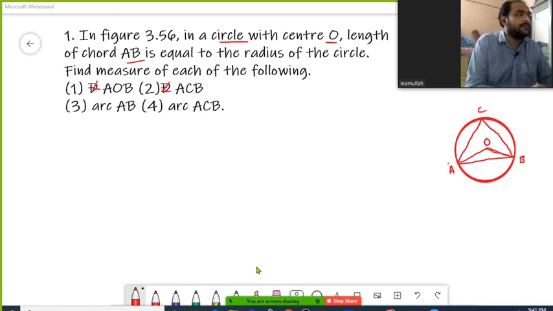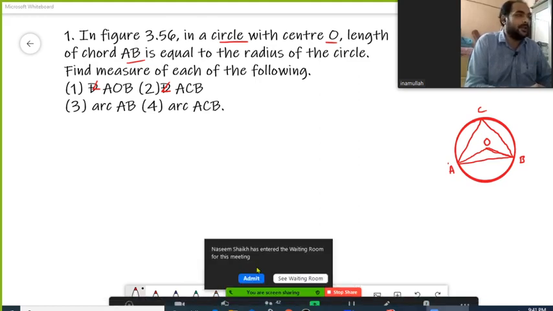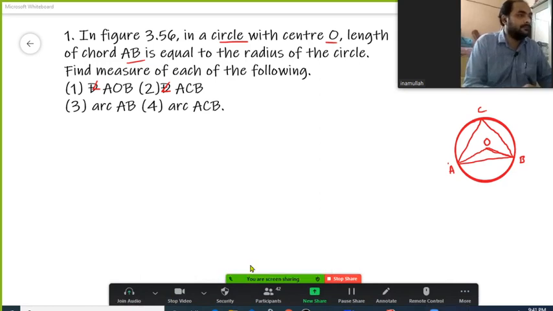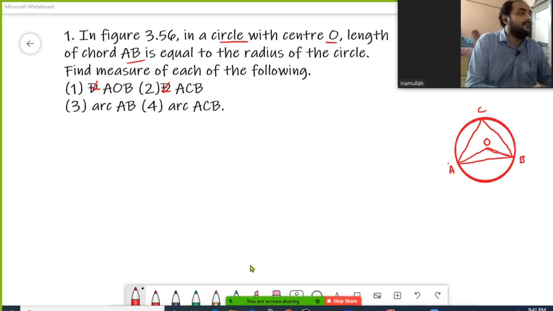Before we go on to angle AOB, I'll prove that triangle AOB is an equilateral triangle. It is given that AB is the same as the radius, and in the given figure AO is equal to BO.